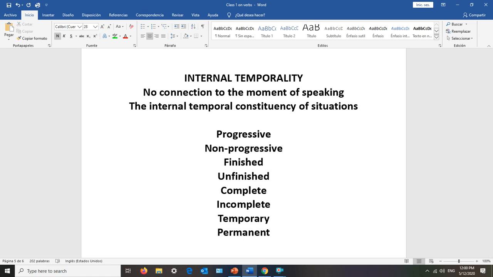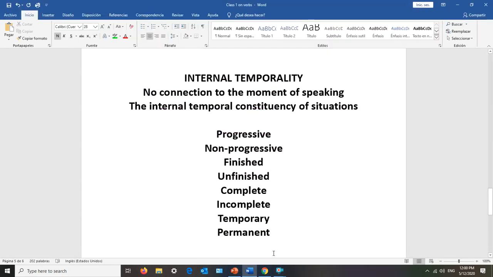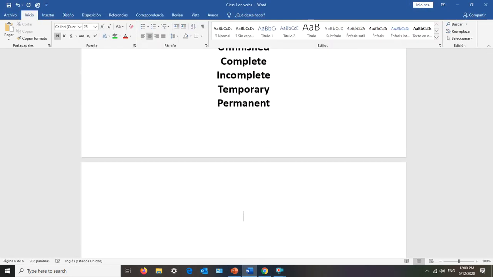But since we're making the distinction between the semantic realm and the syntactic realm, we will understand that verbal forms, so aspect as a grammatical, as a syntactic category, pertains to the morphology of verbs, of finite verbs.